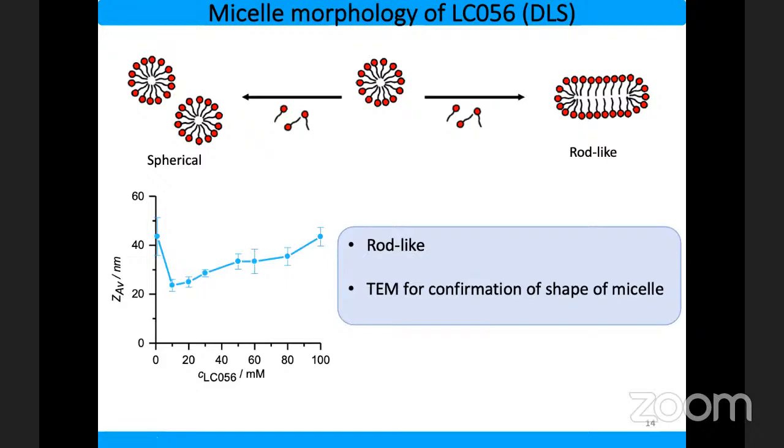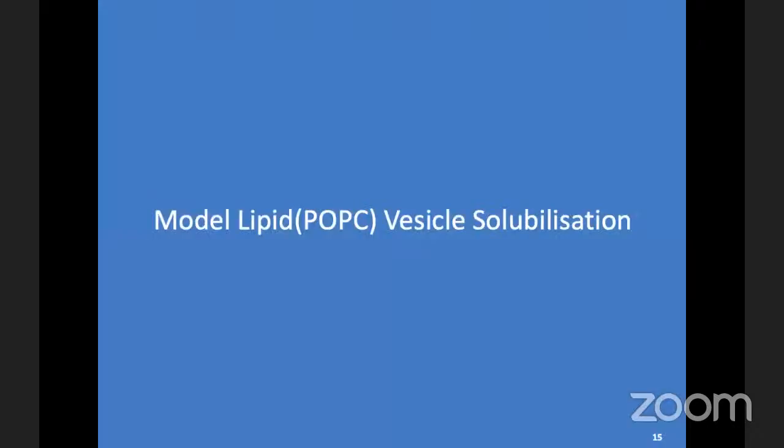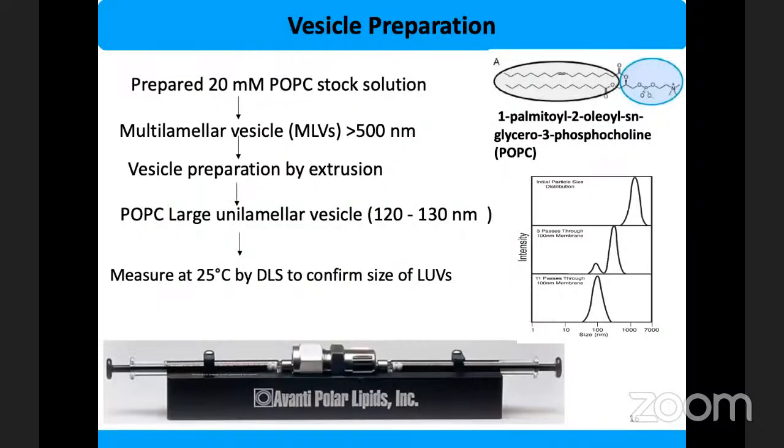Having determined that, the next thing is to check if these surfactants that we have synthesized can actually replace detergents in solubilizing the membrane, and of course solubilizing the membrane protein that we are interested in. First, since we need to show a replica of the membrane, we need an artificial lipid vesicle.